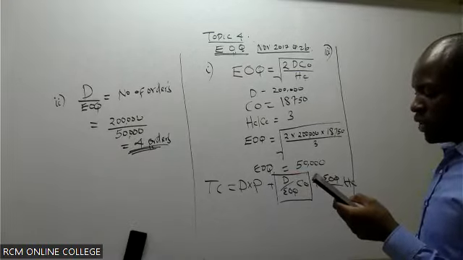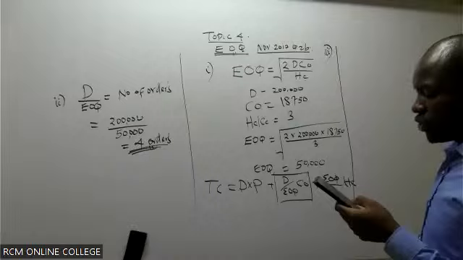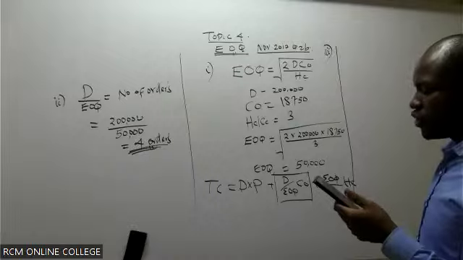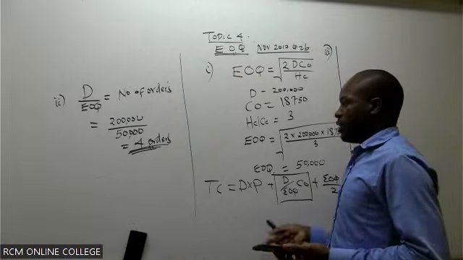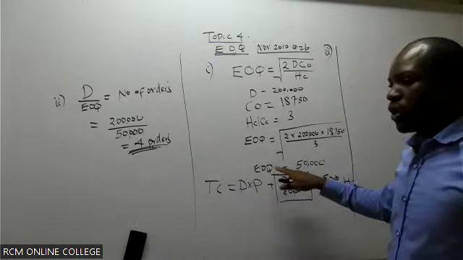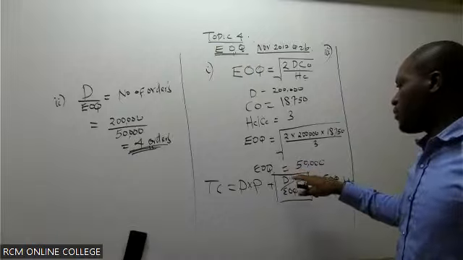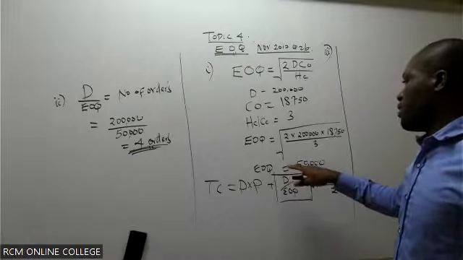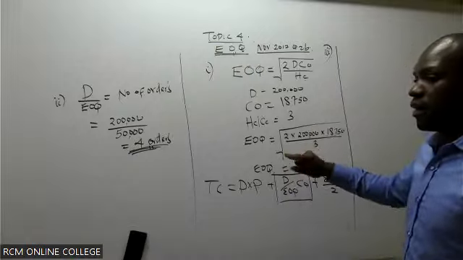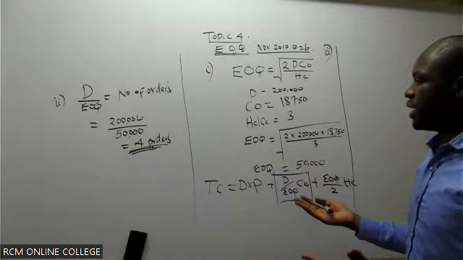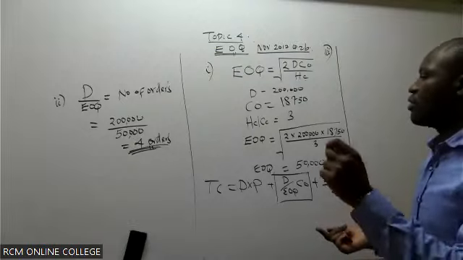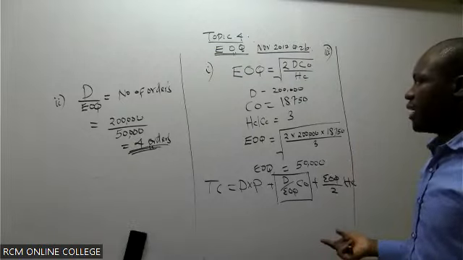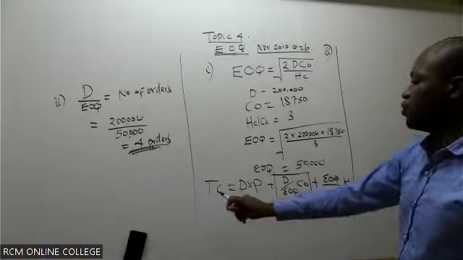Justify how this would increase the total cost of inventory, thus not profitable. So compare that and tell us, why is it not advisable to increase it from 50,000 to 100,000?